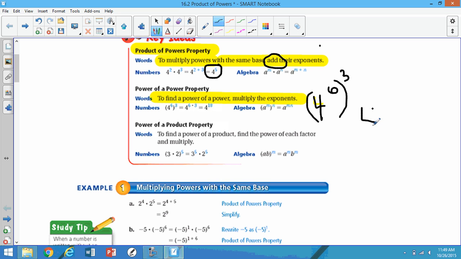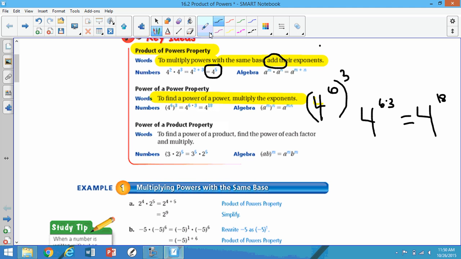So that becomes 4 to the 6 times 3, which would be 4 to the 18th power. So when you're multiplying a base times the same base, you add, and you multiply when you find a power of a power.